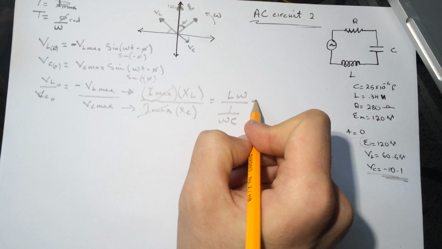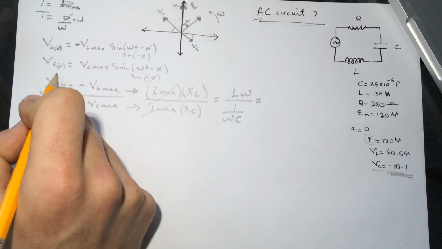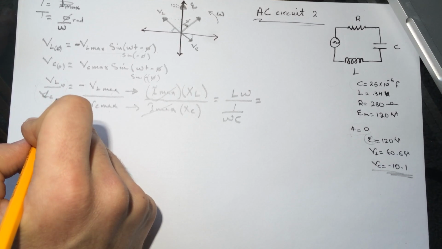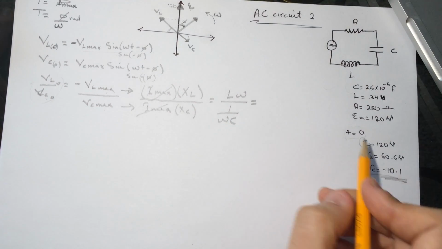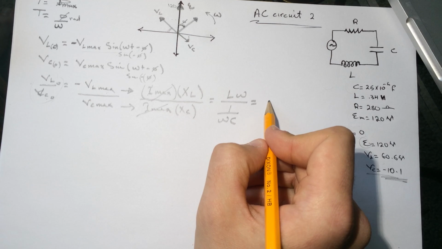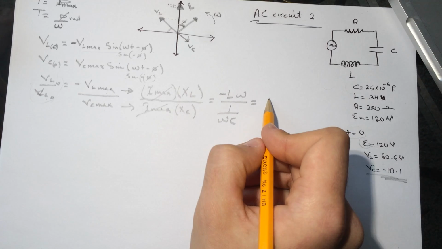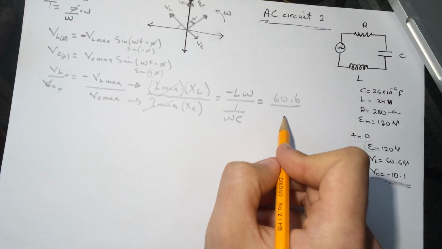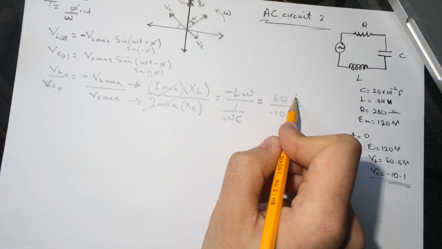Okay, and this will be equal to this here, which is VL initial over VC initial. Okay, and we have that from the information here. So it's, and this is negative here, so it's 60.6 divided by minus 10.1. This value will go to 6.